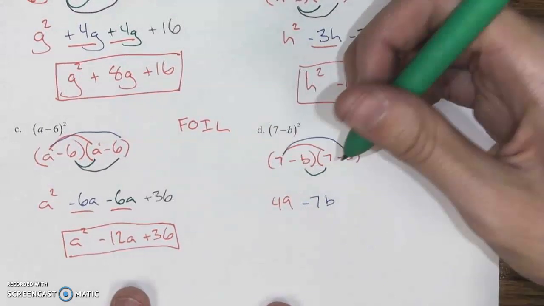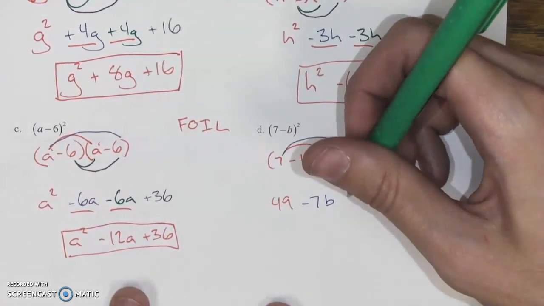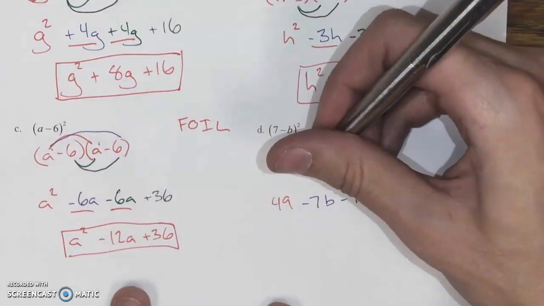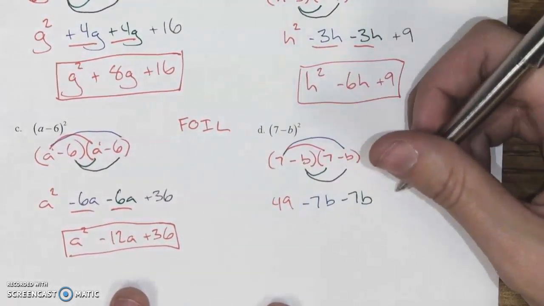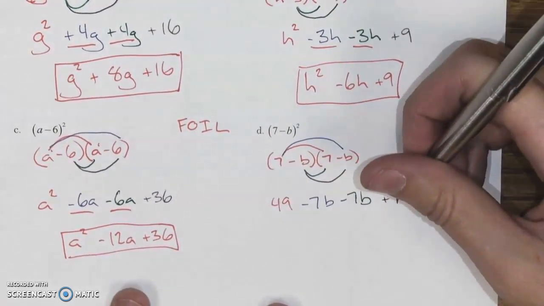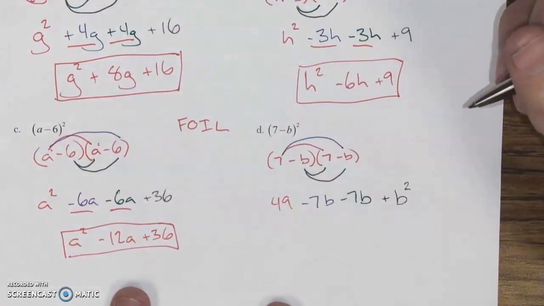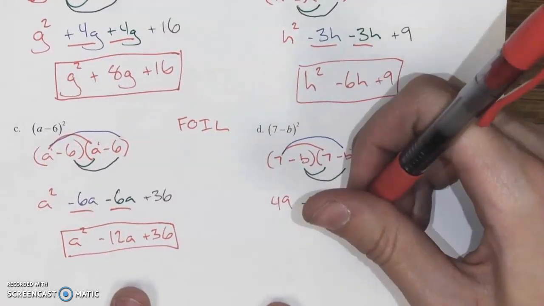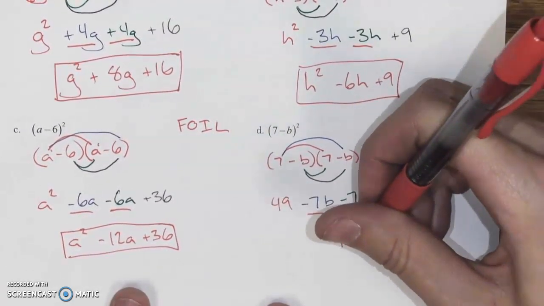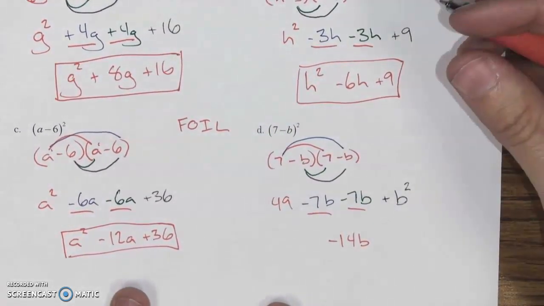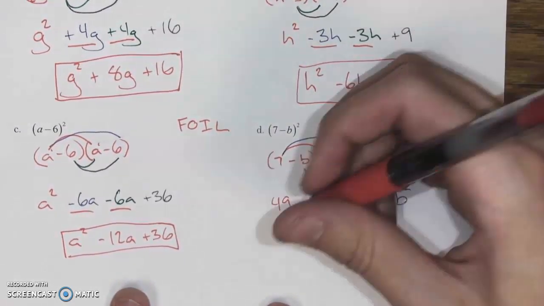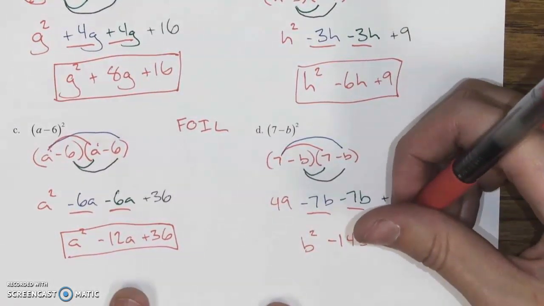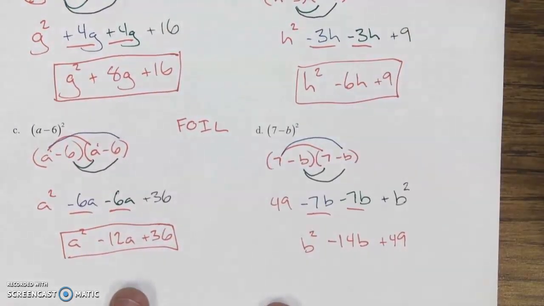Inner, negative b times 7, we have negative 7b. And last, negative b times negative b gives us a positive b squared. Combine like terms, we have negative 14b. And then I'll write this in descending power order. So b squared minus 14b plus a positive 49.